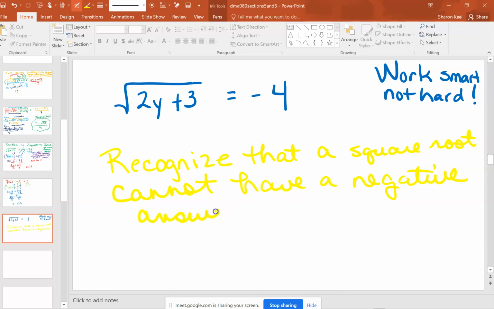That's the whole concept that they're going for here, is that you recognize that there is not going to be a negative answer. So for this one, we would just give no solution.